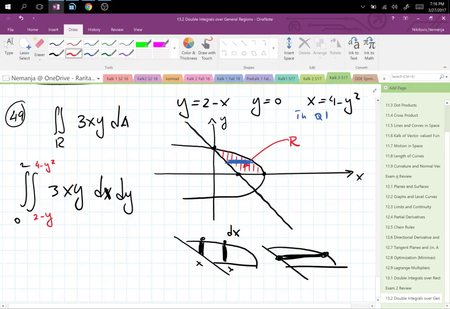Do you have to write that in terms of y? Yes, you just rewrote it in terms of y. Compared to the first one, y equals 2 minus x, you rewrote it as x equals, because this one is x. So this has to be x1 equals and x2 equals, and the limits on the outside are y1 and y2.